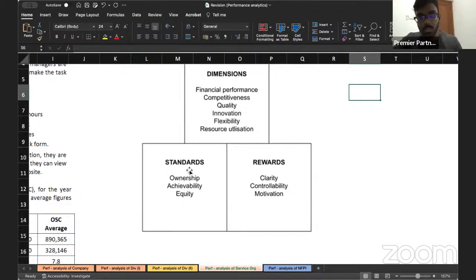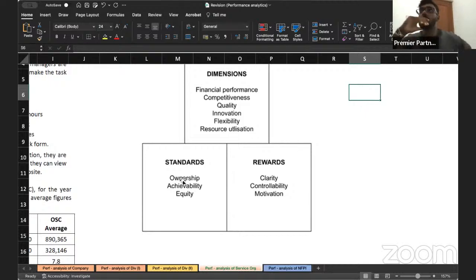Achievability: you have to have achievable targets. You can't have very high, unachievable targets, because if the target is very high, you get demotivated. It can't be too low either. It has to be in the middle. They should be achievable.